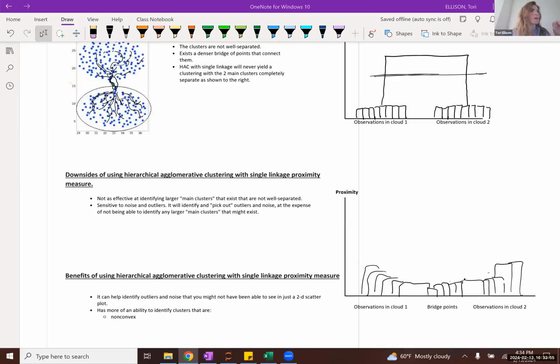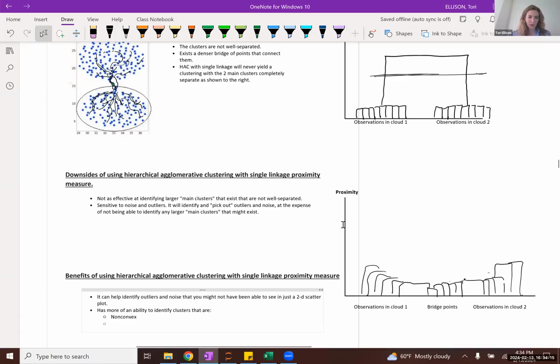Okie dokie. So, a benefit of single linkage hierarchical agglomerative clustering is that it has more of an ability than the algorithms we've seen before to identify clusters that are non-convex.